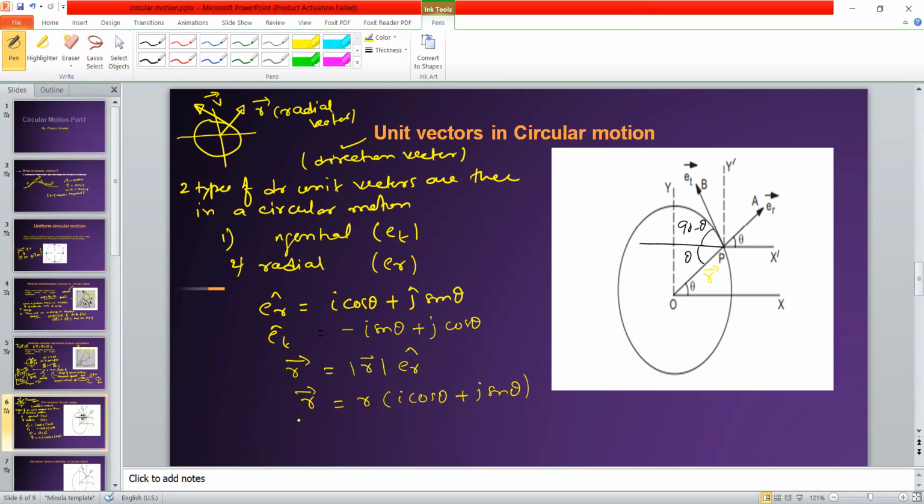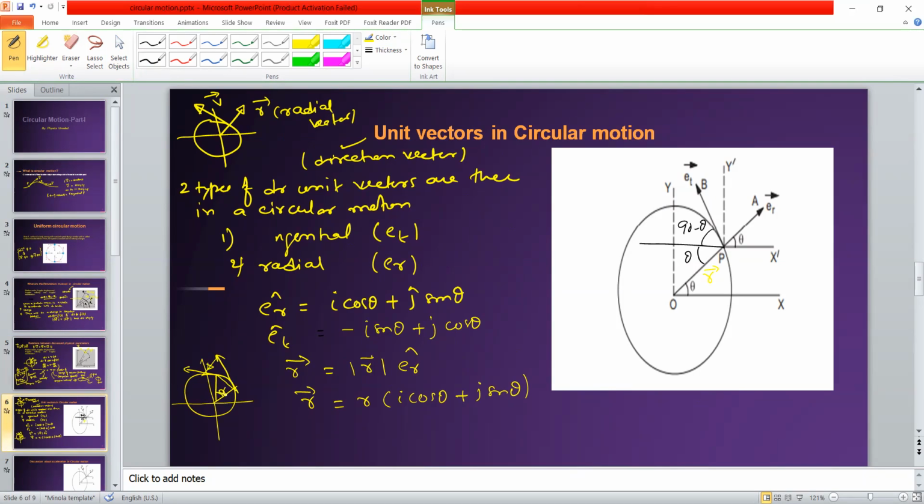Okay, if we just differentiate it, the change in position vectors: suppose this is one position vector and this is another position vector, then this is the change in vectors. In this direction, if theta is small, then this is the change in the direction of velocity as well, because if this velocity is here and this velocity is here, then this is the change in velocity.